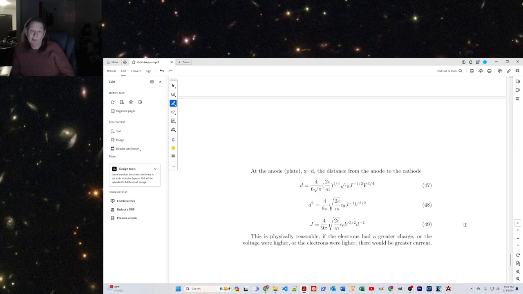It's also reasonable that if the distance from the cathode to the anode were greater, the electrons would have a harder time getting there. So the current decreases with increasing d. So this is the desired result. This is the Child-Langmuir formula.